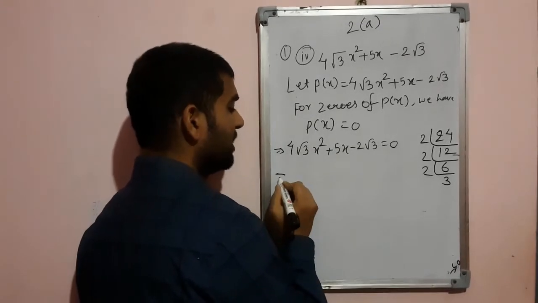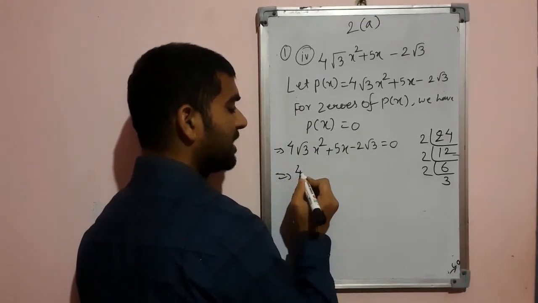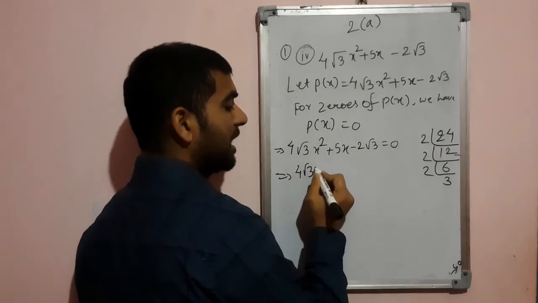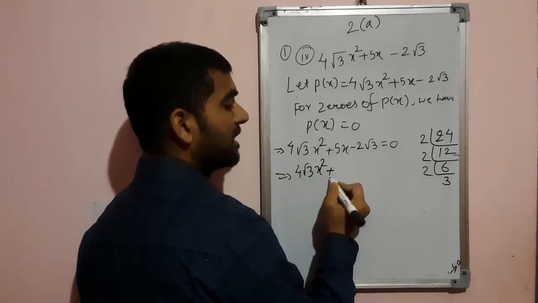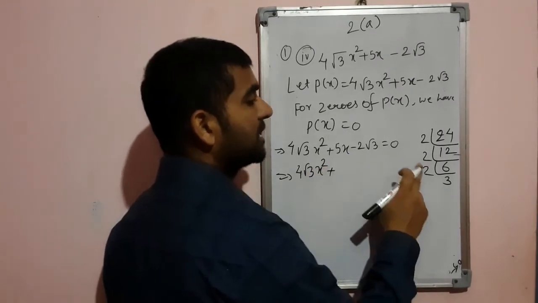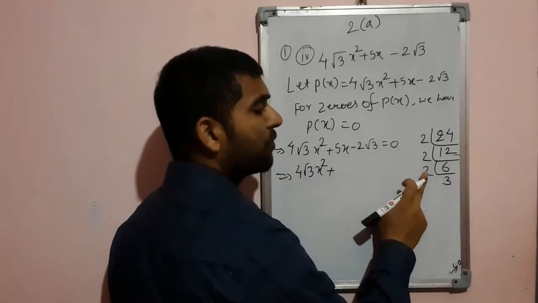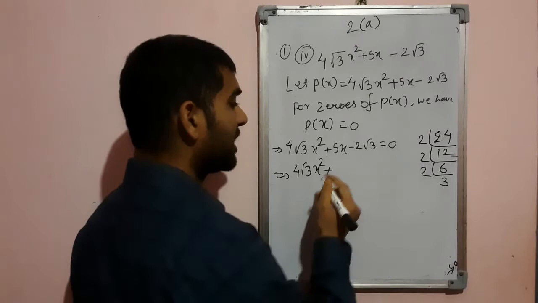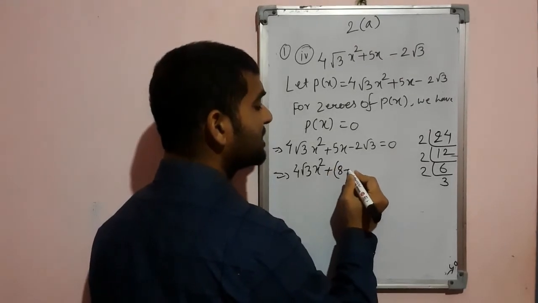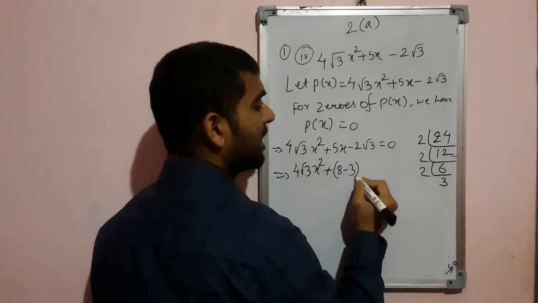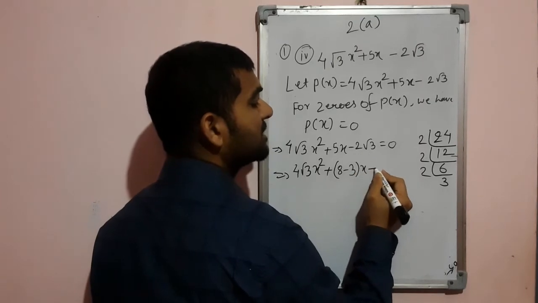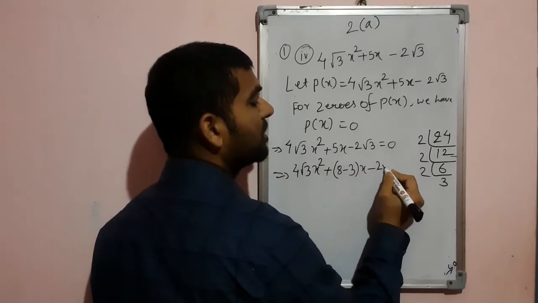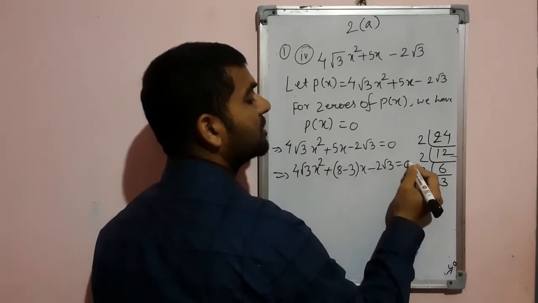So let us see. First term we write the same, 4 root 3 x square plus, how to get 5? See here, 2 2s are 4, 4 2s are 8, 8 minus 3, 5. Yes or no? So you will write here 8 minus 3 times x, minus 2 root 3 equal to 0.